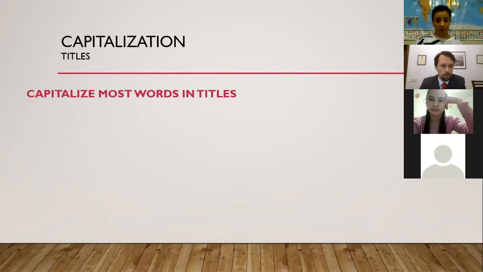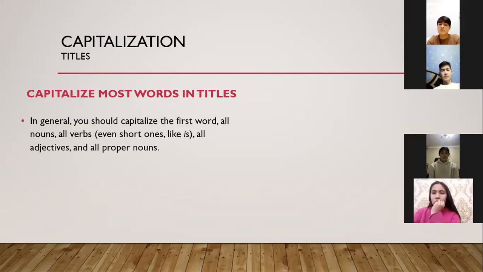Capitalization norms, standards. If you're writing like a title for a subject of an email or a document or a news article or a class, a subject, anything, generally speaking, you should capitalize the first word, definitely capitalize the first word, all the nouns, all the verbs, even short ones like is, all the adjectives, and all the proper nouns.